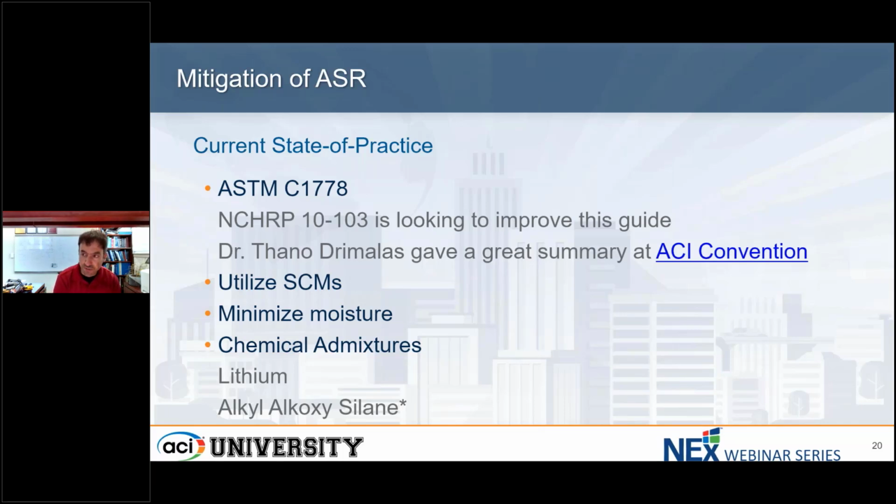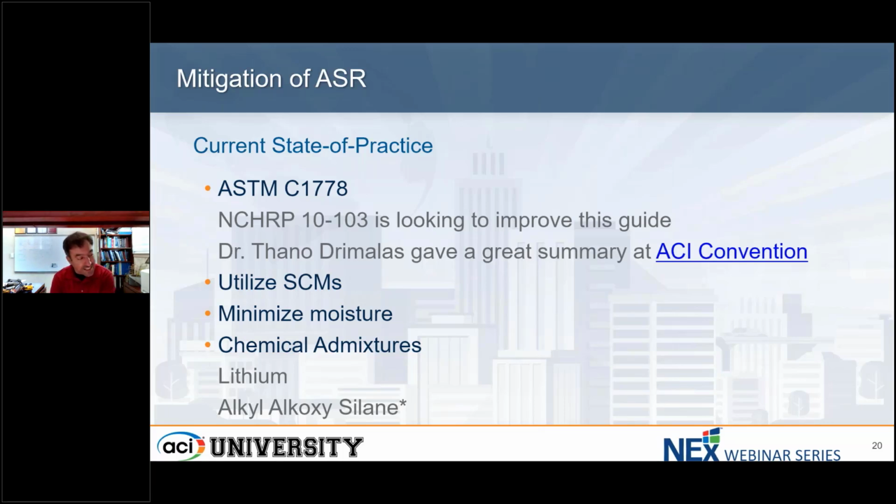There are some cases where it may not. However, lithium is pretty darn expensive right now, especially with all the electric vehicles, electric everything. I'm not in industry, but it's my understanding from talking to people that lithium nitrate is not really a practical solution to ASR active aggregate sources.